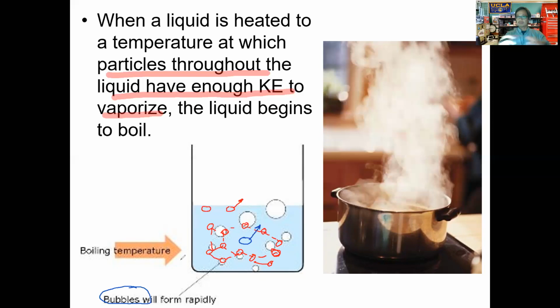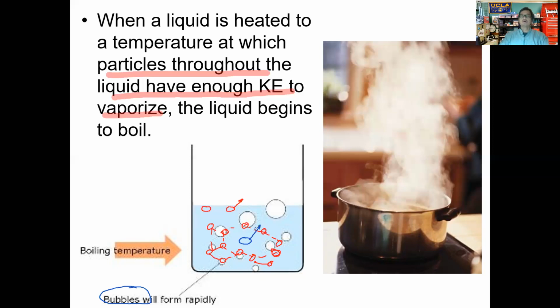They could be air bubbles, air trapped underneath the surface of the water, and on the sides you'll see that. But when you get that boiling water where the bubbles come up from the bottom, those bubbles are water vapor. They're not air bubbles, folks. They are water vapor that's appearing from the bottom of the water.